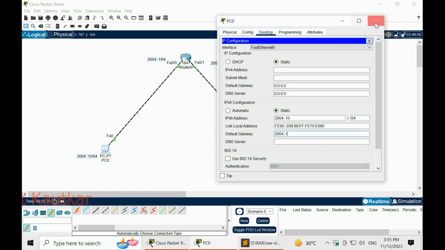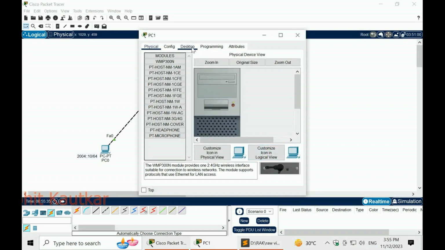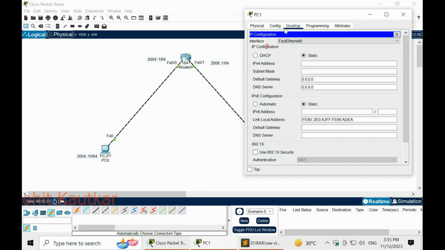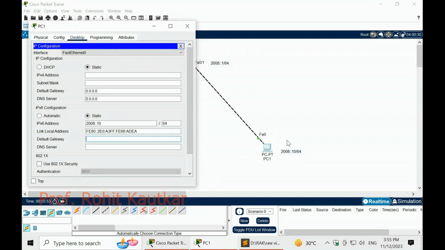Okay, now close this. Come to the second machine, desktop, again IP configuration, and here we have IP address 2008:10 followed by 64, and for this host the default gateway is this one, 2008:1.